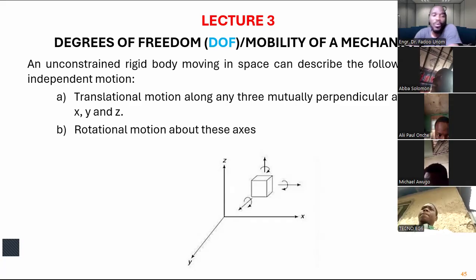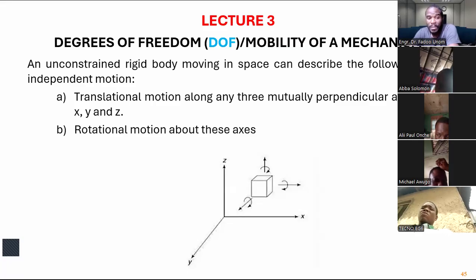Now, when you have a rigid body that is free to move anyhow it wants to move in space, you can define that movement either based on a translation along any of the 3 coordinate axes, if you are using a Cartesian system to define your 3D space.